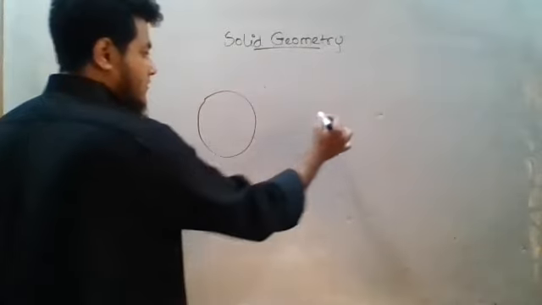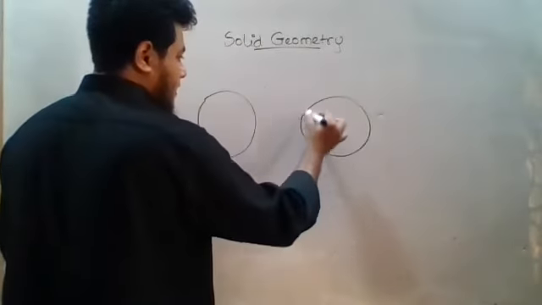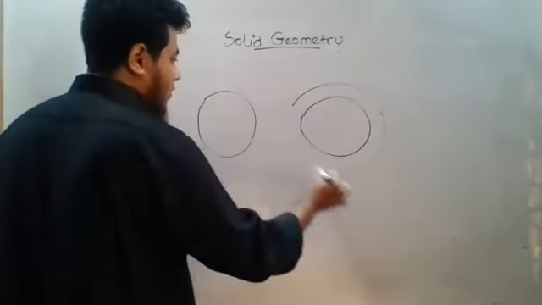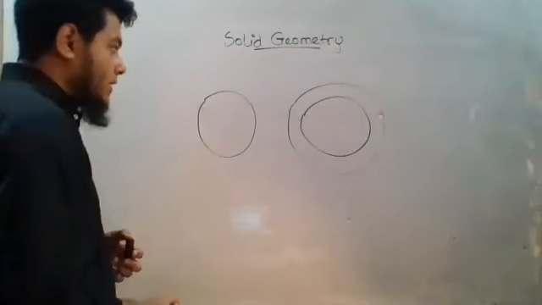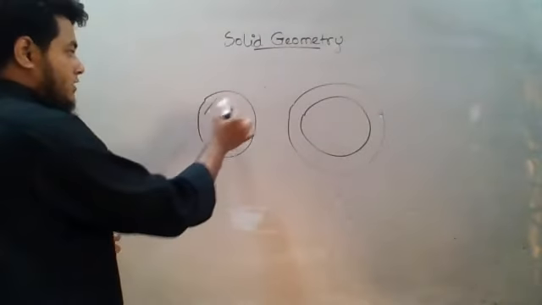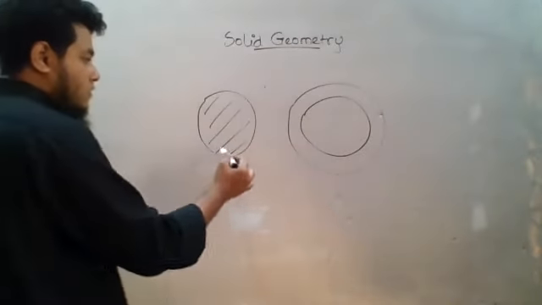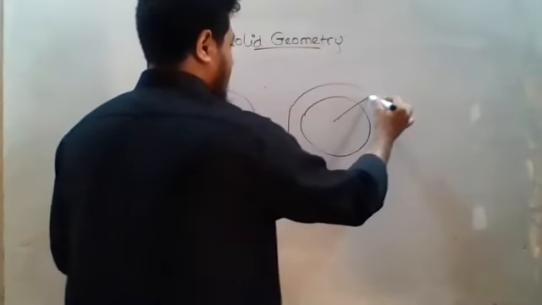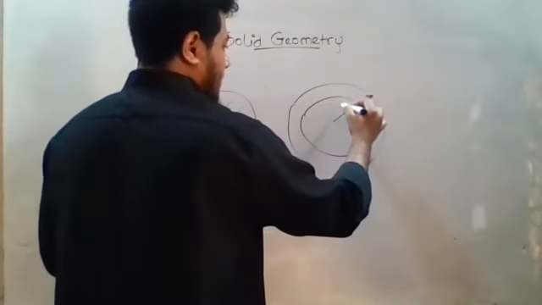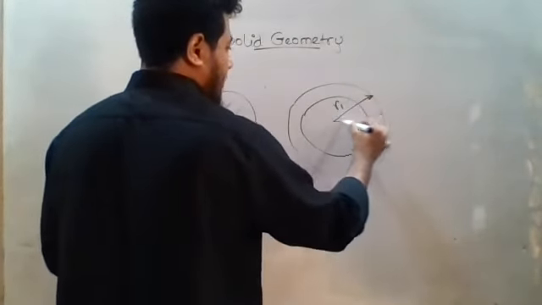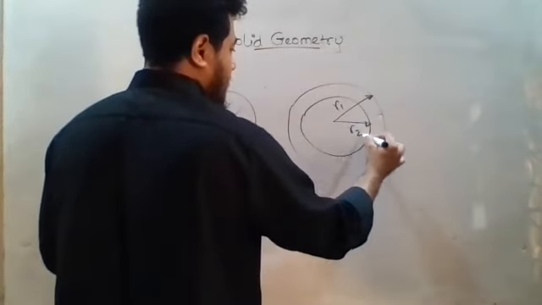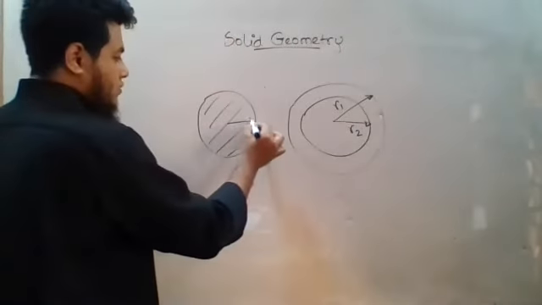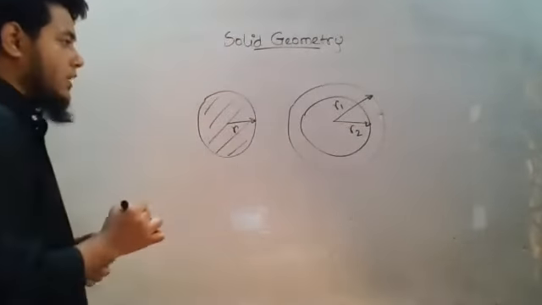This is the solid sphere, you have melted this one and formed a hollow sphere. So at first you will write that the volume of this one is equal to the volume of this one. Again, you need to consider that the outer radius here is r1, the inner radius here is r2, and the radius of this one you may consider as r.